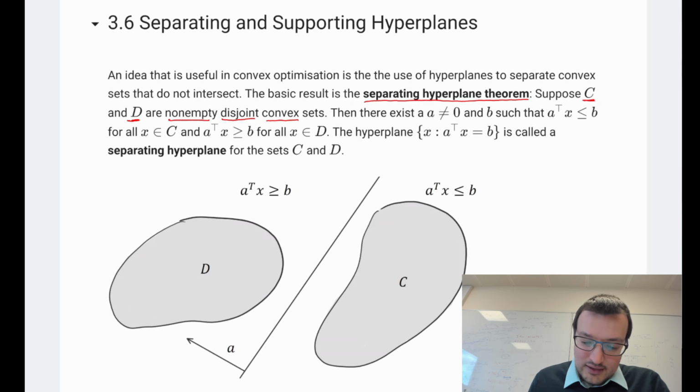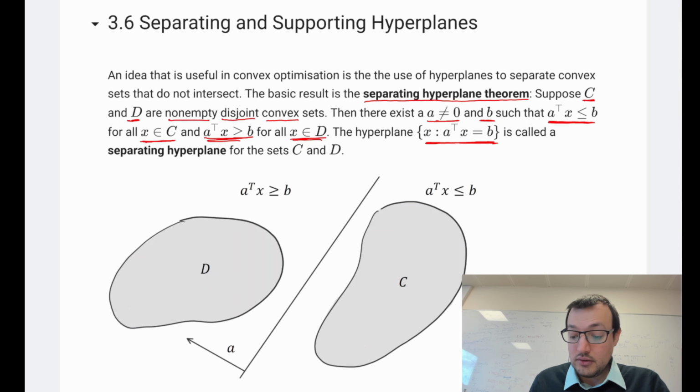Well, the implication is that there exists an a and there exists a b such that for all the points in one of the two sets, for instance the set C, a transpose x is less than or equal to b, and for all the points in D, a transpose x is greater than or equal to b. This essentially means that the hyperplane defined by all the points x such that a transpose x equals b is separating the sets C and D.